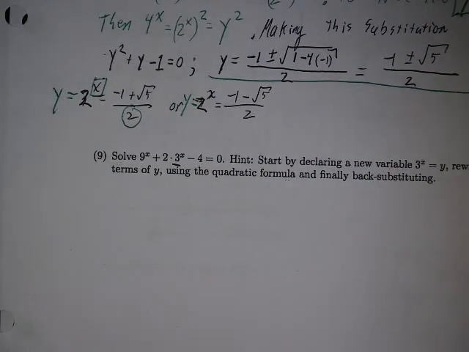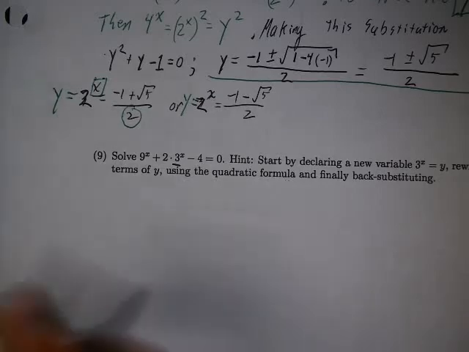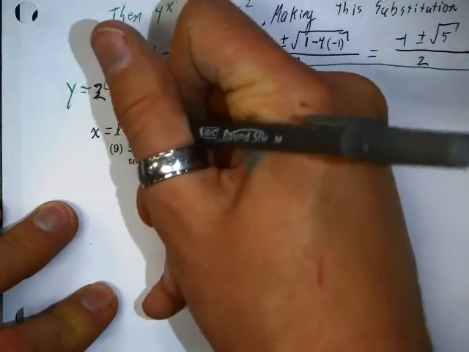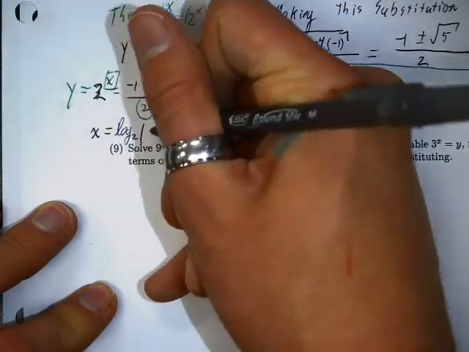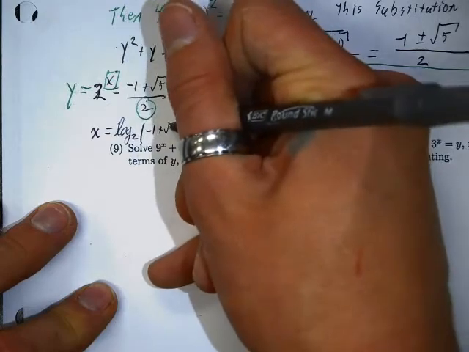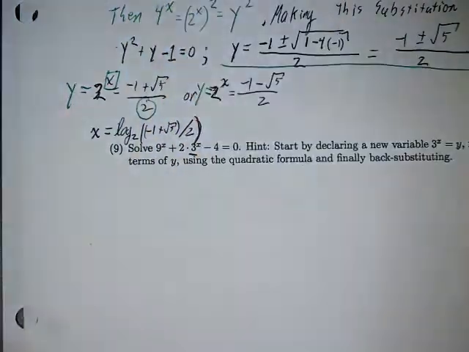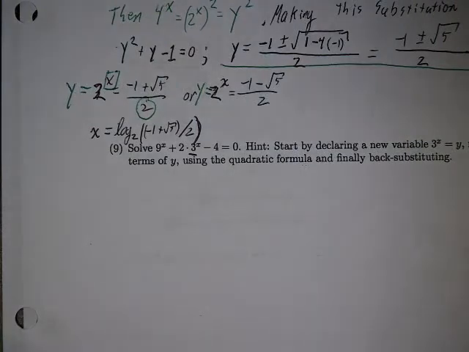Yeah. It's an equation in exponential form. Let's write it in log form to get x equal to log base 2 of (-1 plus root 5) all over 2. And that doesn't simplify any further, and you don't expect it to.